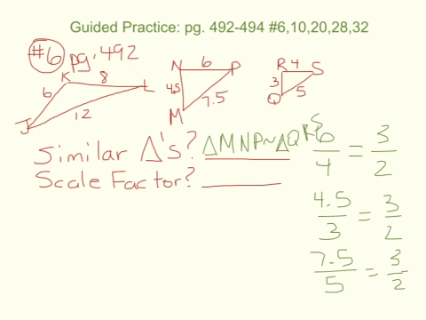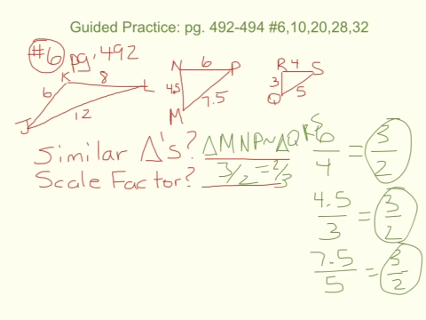So the scale factor is just this thing that we multiply by, which is 3 over 2, or 1.5. Now truthfully, I probably would write the scale factor as 2 over 3, and here's the reason. We're getting ready to do dilations, or some of you in 8th grade have been doing that on Study Island.